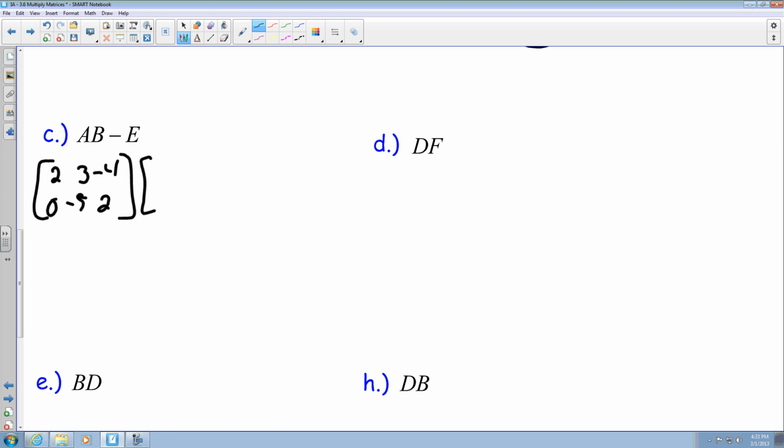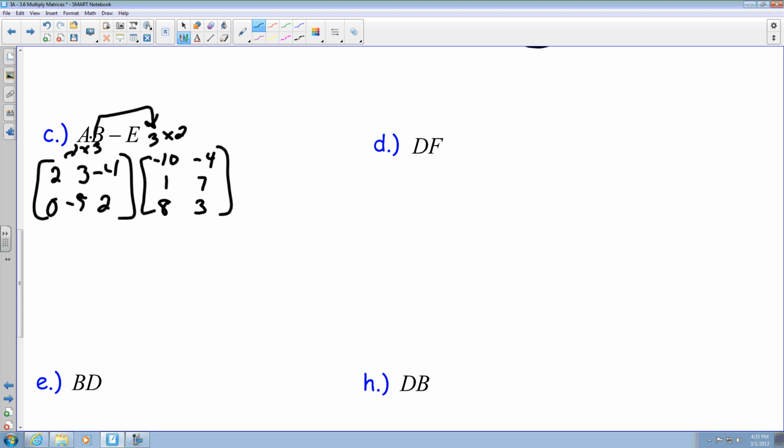And then multiply it by B, which gives me negative 10, negative 4, 1, 7, 8, and 3. So this one's a 2 by 3 matrix. This one's a 3 by 2.